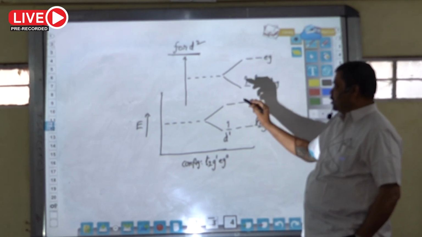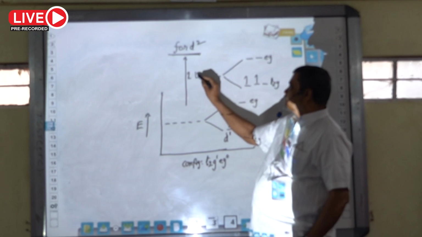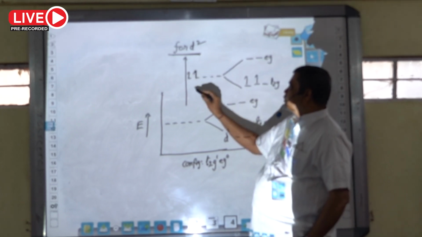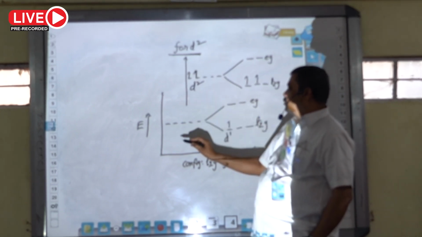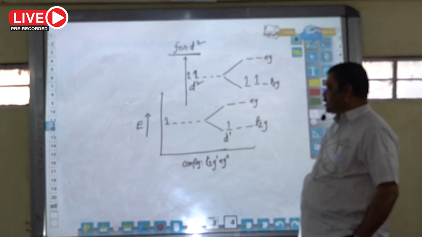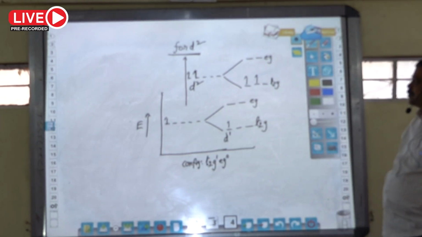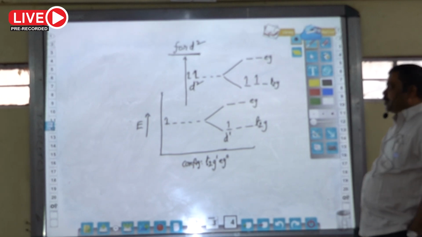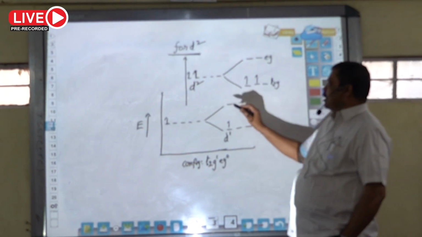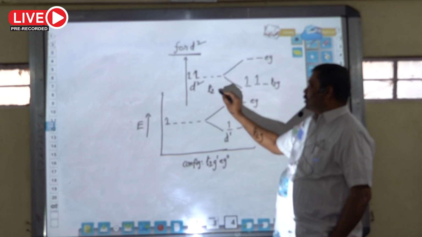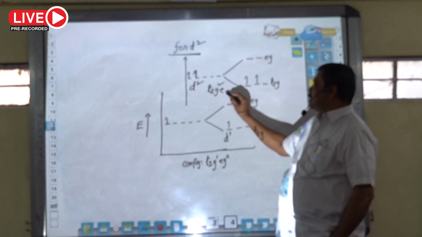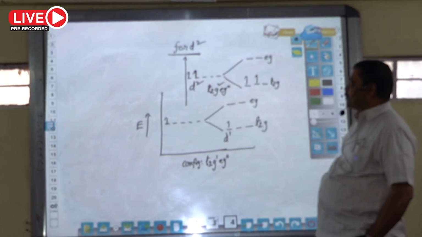This is d2 configuration. So what is d2 configuration? It is t2g2 eg0.